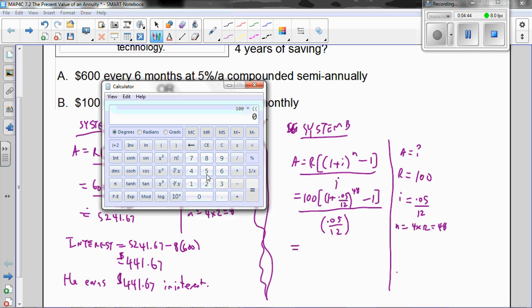Now I'm on this inside bracket. 1 plus 0.05 divided by 12, and then this inside end bracket to the exponent 48, subtract 1, end bracket, divided by, that's the long division bar, start bracket, 0.05 divided by 12, and I should get a number that's pretty close to this one, right? 5,200.